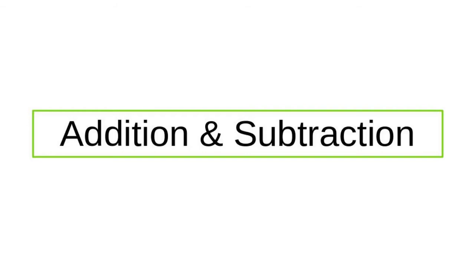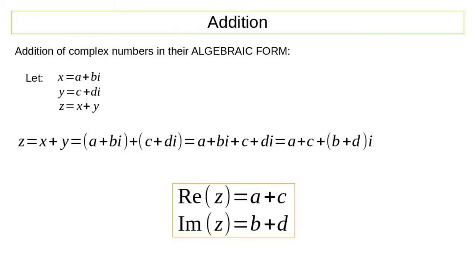In this section we will see how to perform addition and subtraction with complex numbers. Let's start by calculating the addition of two complex numbers in their algebraic form. Let's consider two complex numbers, x and y, expressed as a plus bi and c plus di respectively.